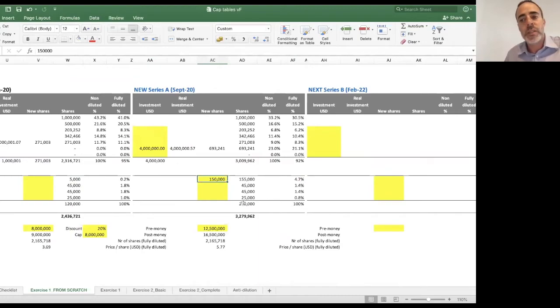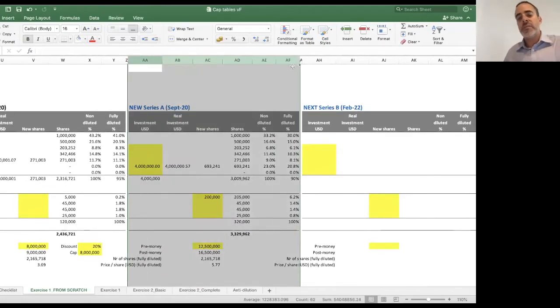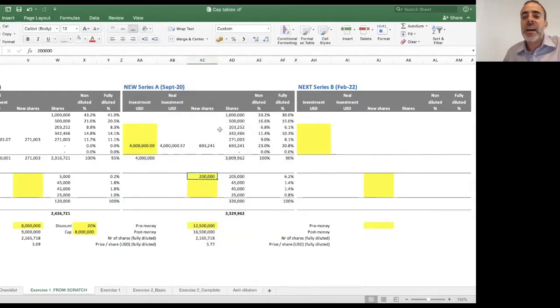You may be required to do more. Let's see, 200,000. See what that means. If I'm doing it here, it means that it's basically done simultaneously to the round or after the round. So this dilution of the 200,000 is going to affect everyone equally, including the new investor.